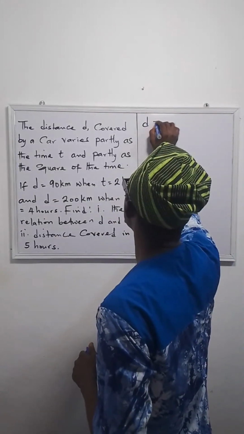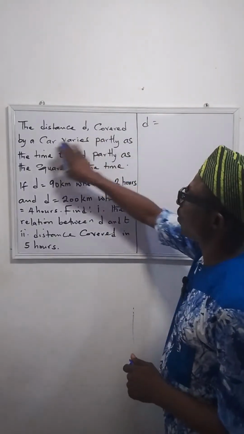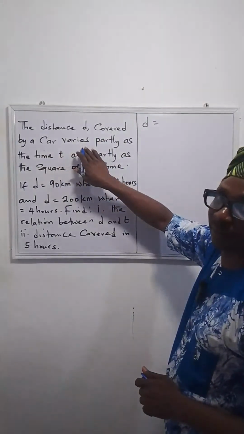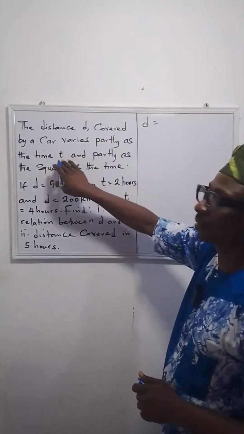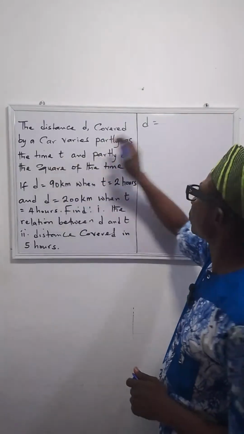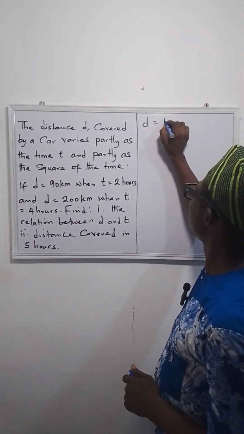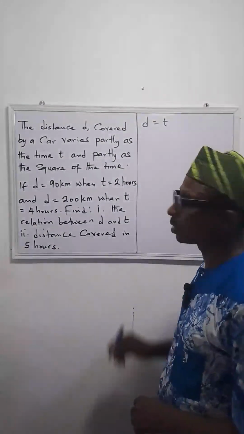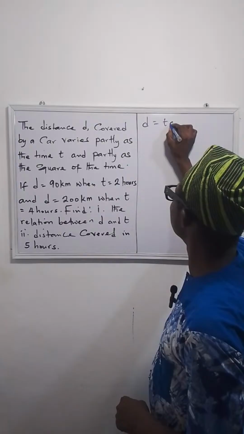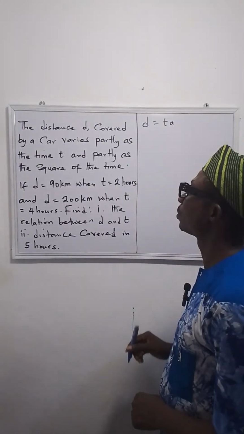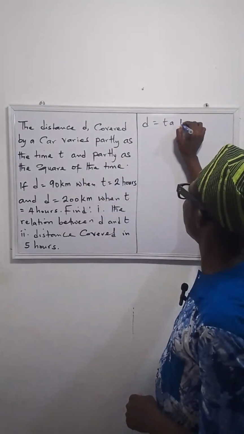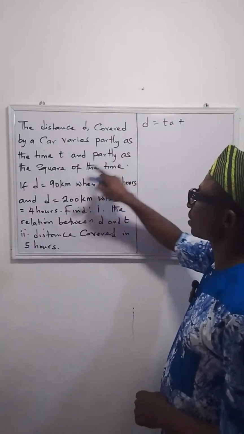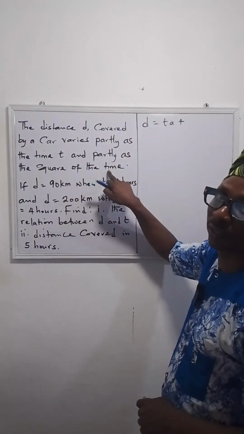Distance d covered by a curve varies partly as t, as the time. So that means d equals time t, and we introduce a constant. Let's call the constant a, so we write at, plus partly as the square of t.